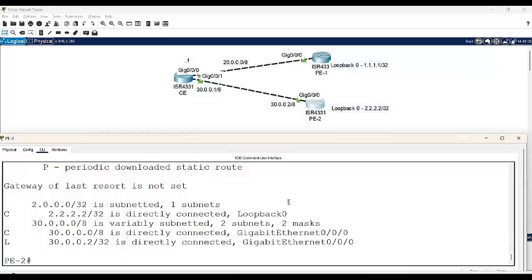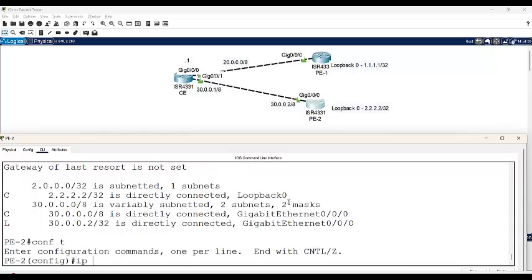See, because these two are edge routers, you can tell it: IP route, any network. This means any destination you do not know, any subnet mask, doesn't matter. You just send it to 30.0.0.1.